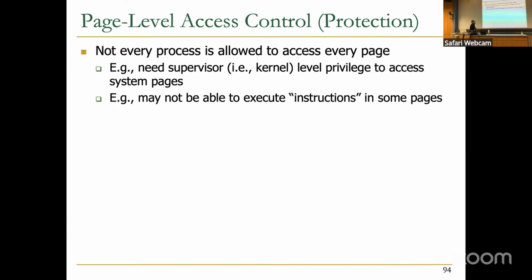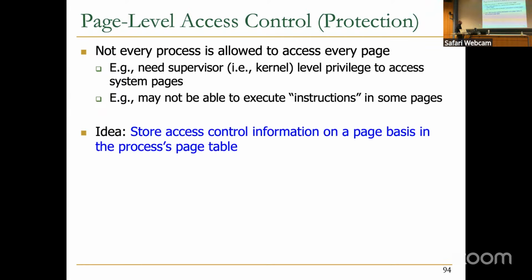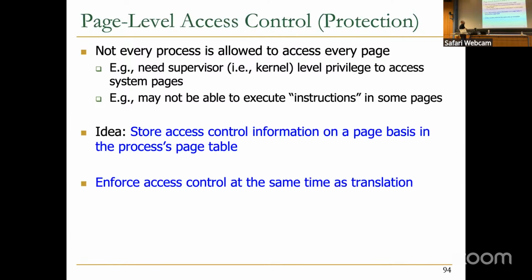You may also not be able to execute instructions in some pages. Some pages contain programs, right? But not everyone should be able to run a program. So the idea here is that we will store access control information on a per-page basis in the process's page table. And this way, when we do the translation, directly after that, we can also do the access control.